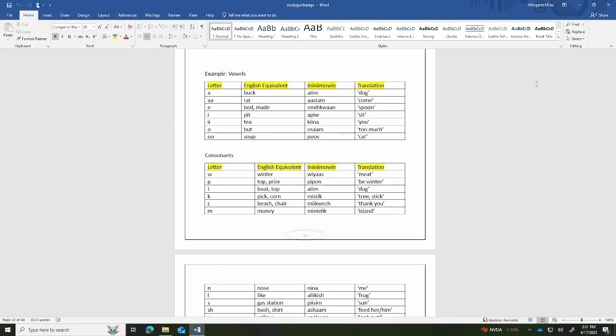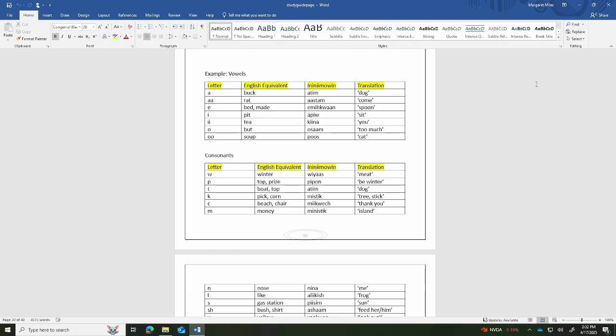P, top. Bipon, meaning be winter. The letter T, boat, in the English sound. In the Nimuan language, attim, meaning dog.